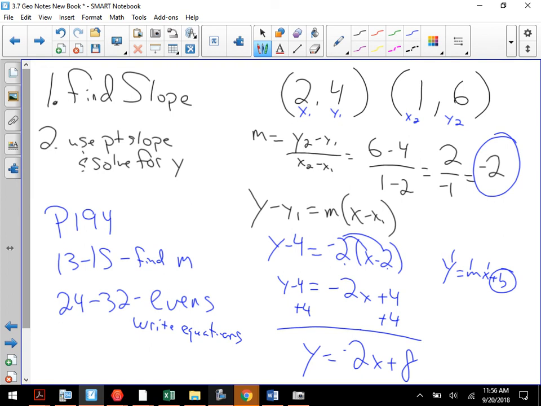Now I see what you're saying. These values here are getting you to these values here. No, that doesn't work. Because then you'd have 6 minus 4 is 2.